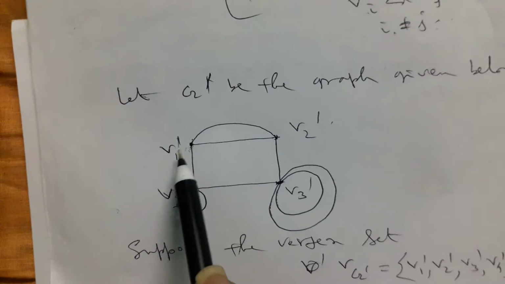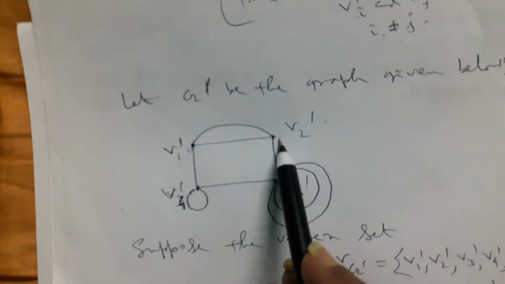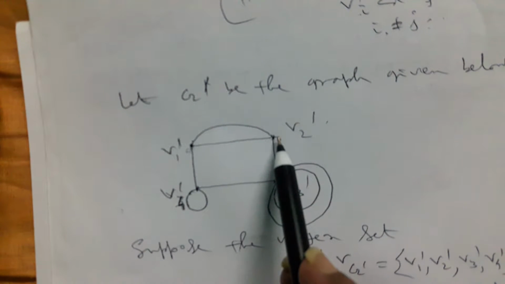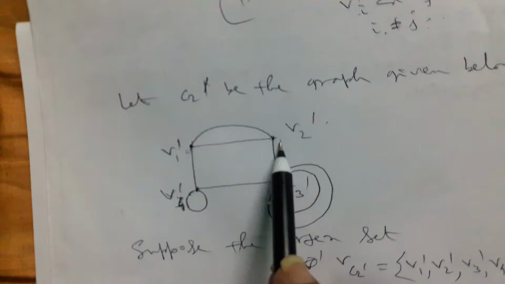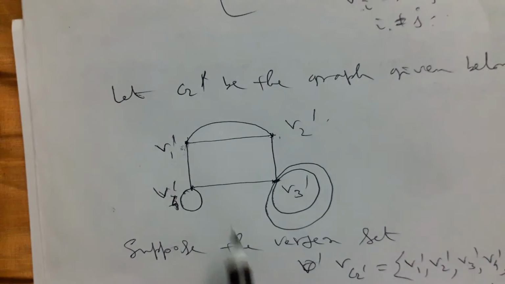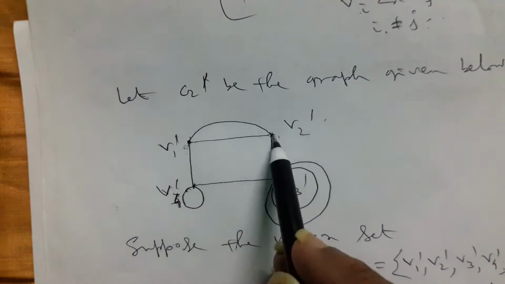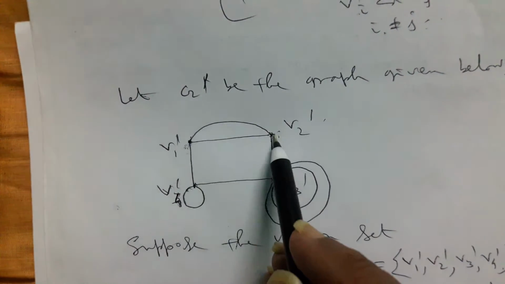Now V1' and V2', the next step. Here we find parallel edges. There are two parallel edges, this and this.